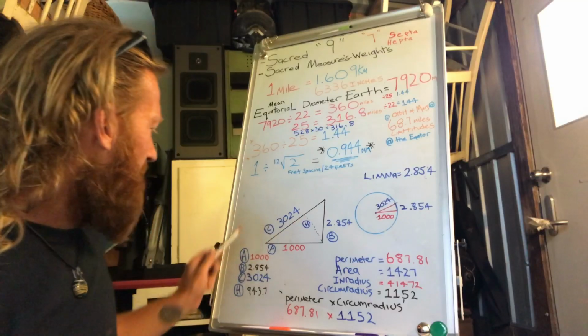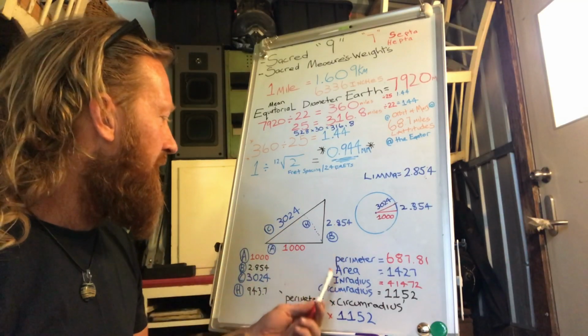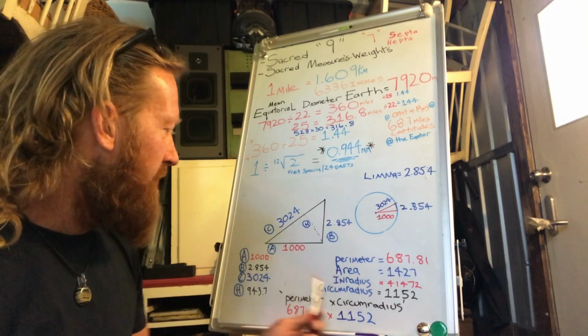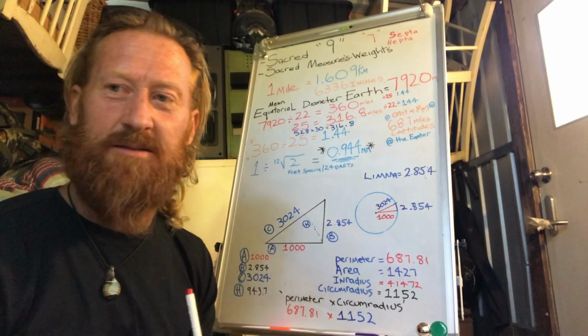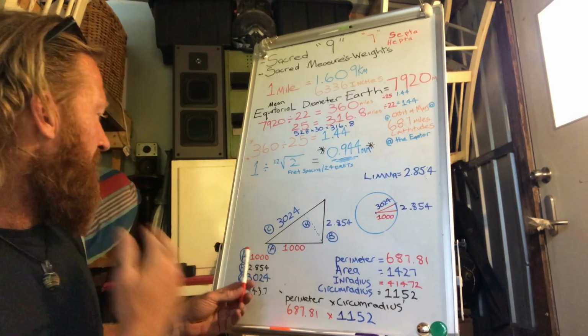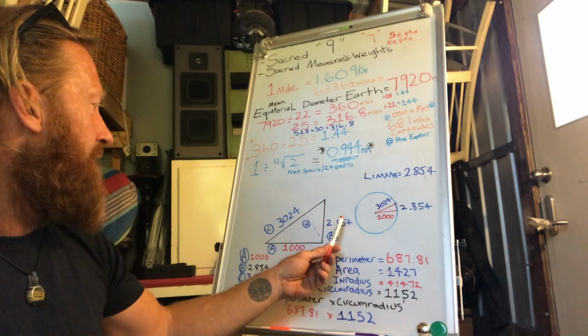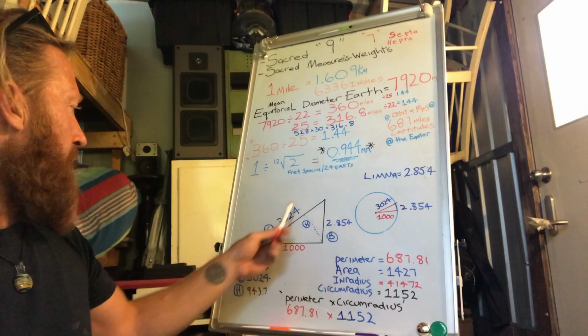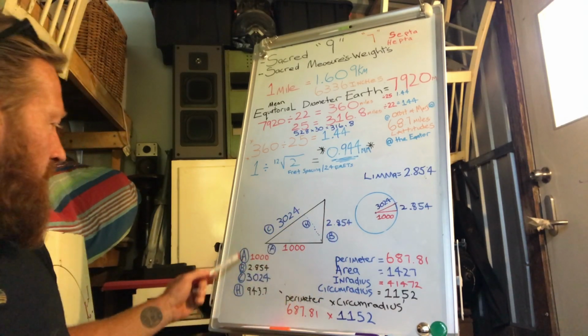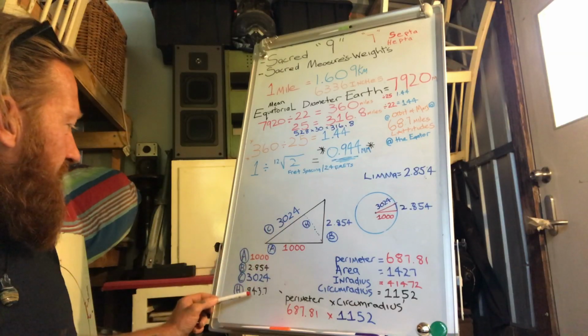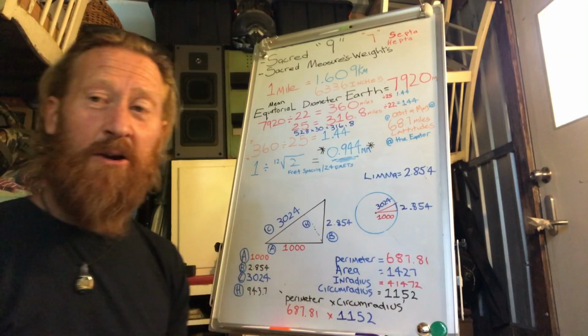It gives you all the values: perimeter, area, inradius, circumradius, all these things. So let's say A is 1000, B is 2.854, and the hypotenuse is 3024. It's all here.